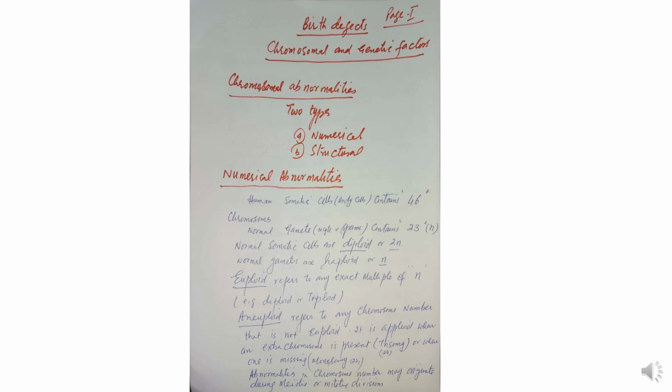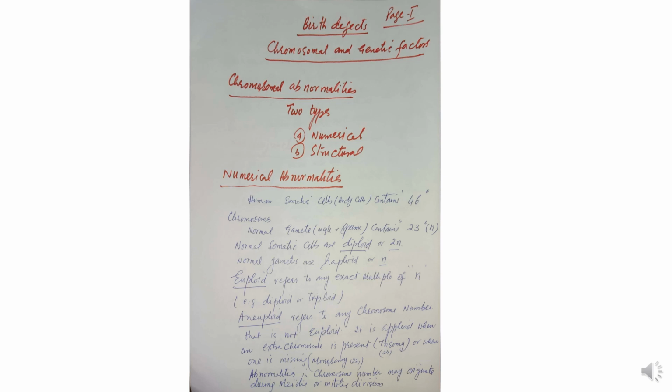That becomes 47, which is not a multiple of n, 23. If you double it, it becomes 46, not 47. So aneuploid refers to any chromosome number that is not euploid, not divisible by 23. It is applied when an extra chromosome is present, trisomy, or one is missing. The chromosome which is not passed to the cell becomes 22.